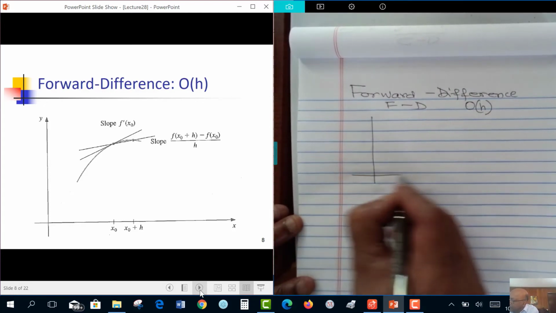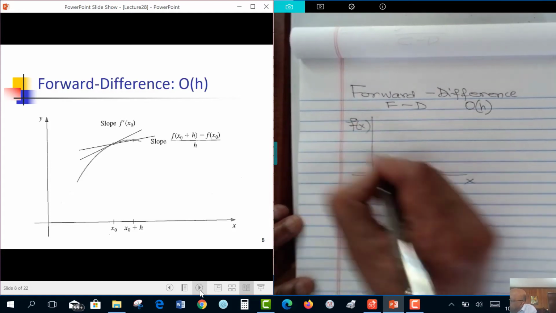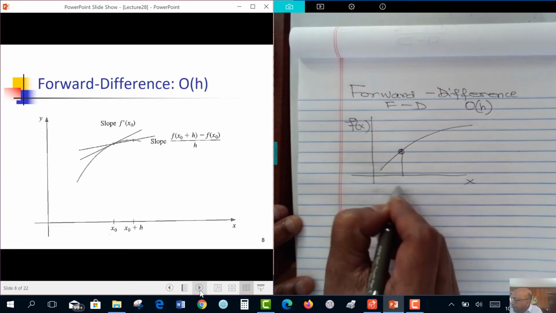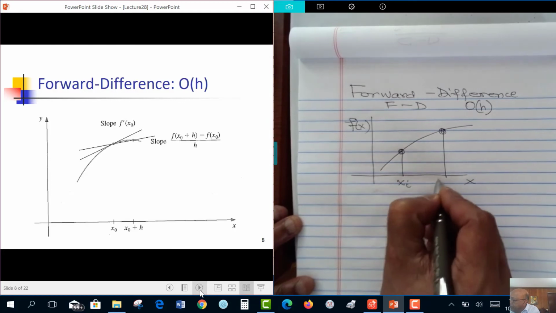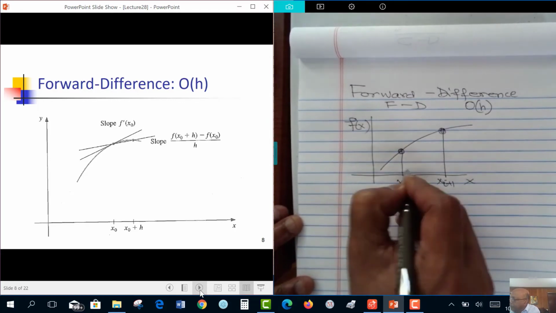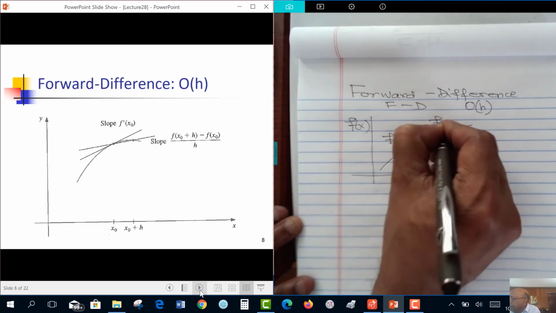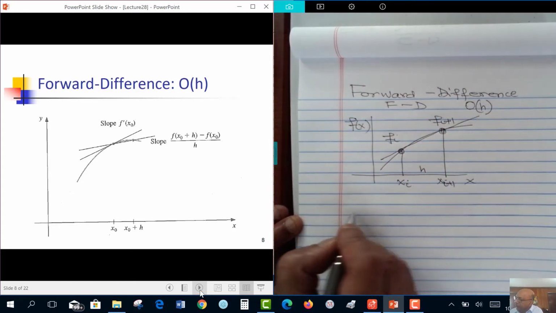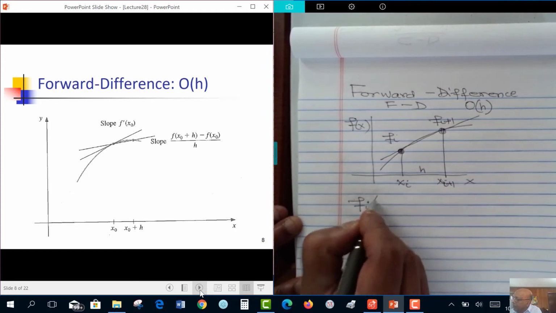And let's see how we construct it. x, f of x. Let's say we want to find the derivative at this point. So forward difference is go a point ahead. So this is f_i, this is f_{i+1}.